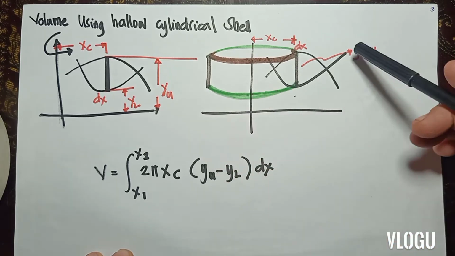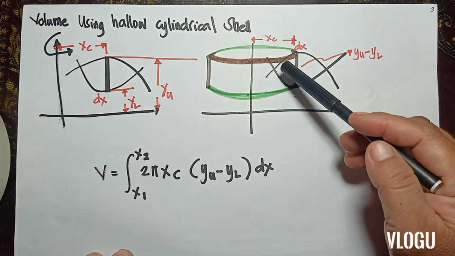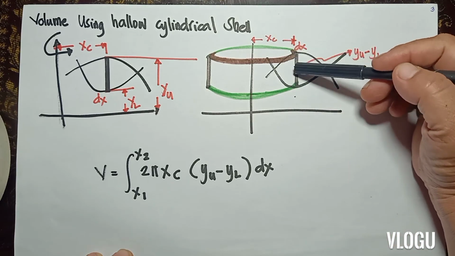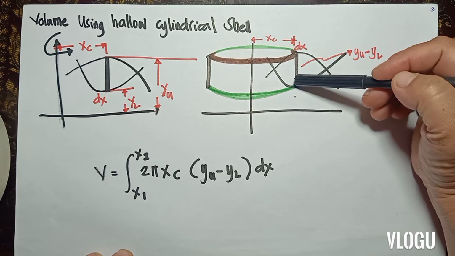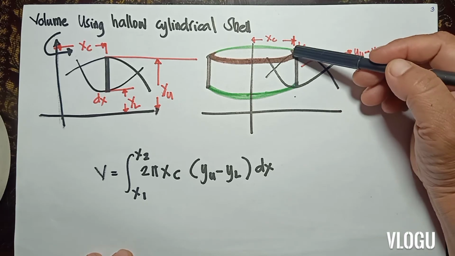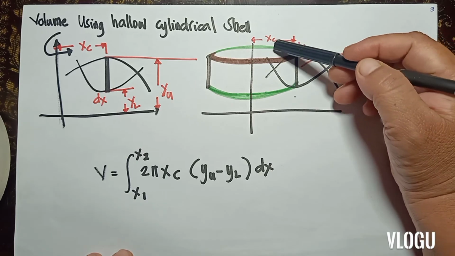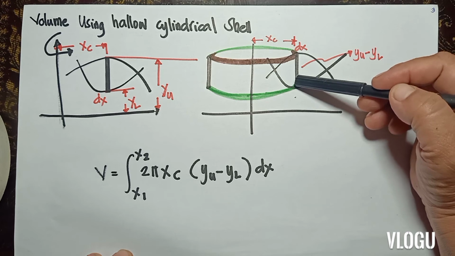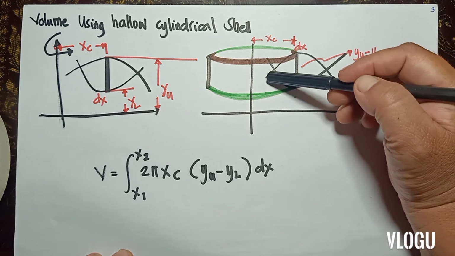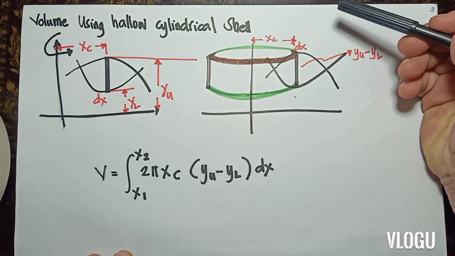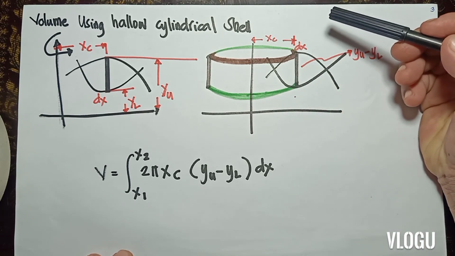This is now the replica of this one. We form an area between two curves, then we take a vertical strip and revolve it about the y-axis, so we can form a cylindrical shell.